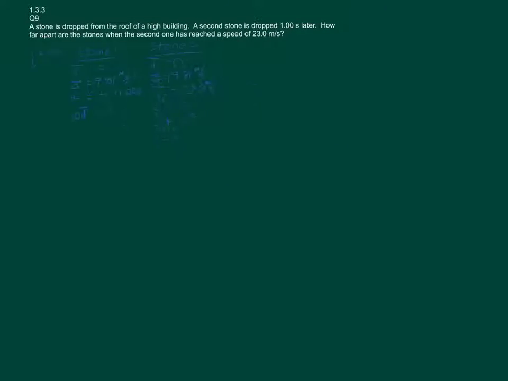Okay, back to work. Let's see. We know more about stone 2 than stone 1. So let's start with that object and see if we can find displacement and time. Okay, so let's look at stone 2.